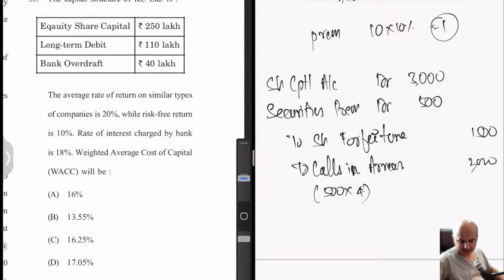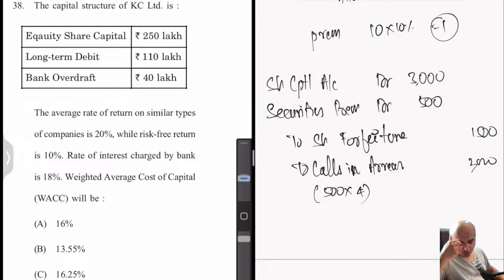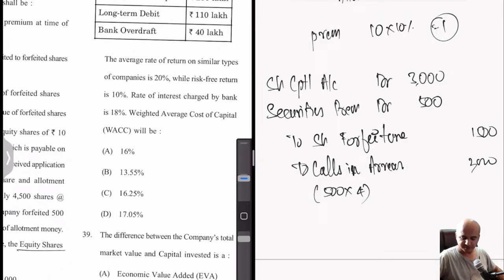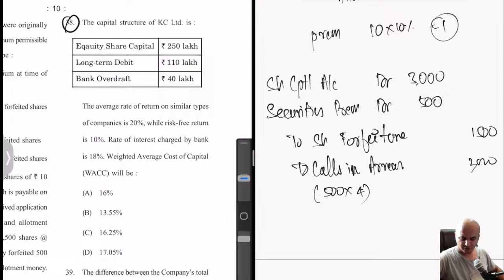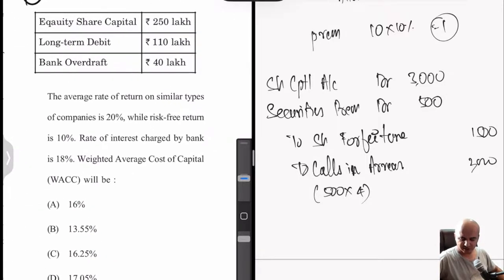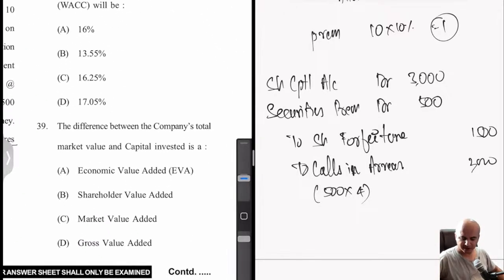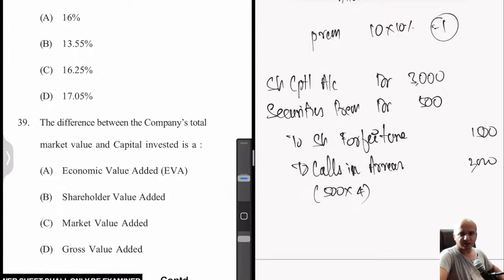They say option D. I wonder how option D. Anyway, I'll just have a look into this later on. Question number 38, so that we can see. I don't think this question is complete. Unless you provide us information, it's difficult to tell what is what here. Okay. Anyway, let's move on to the next one.